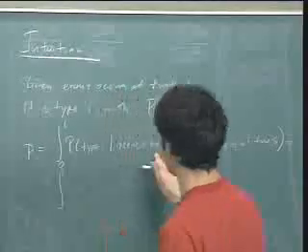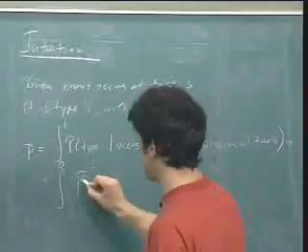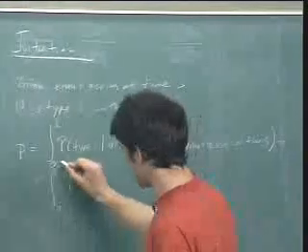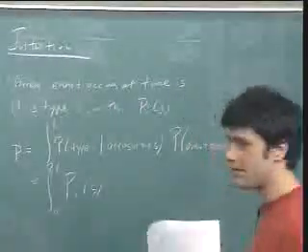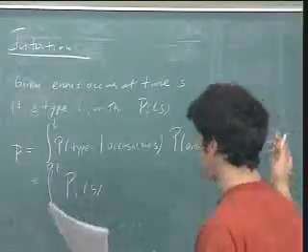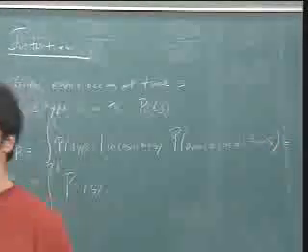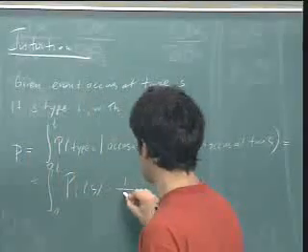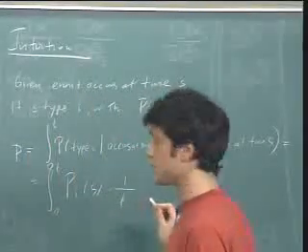Now, we know that this is just equal to p_i(s). And we also know that conditional on n events occurring, the arrival times are distributed uniformly on 0 to t. So this would just be 1 over t ds.